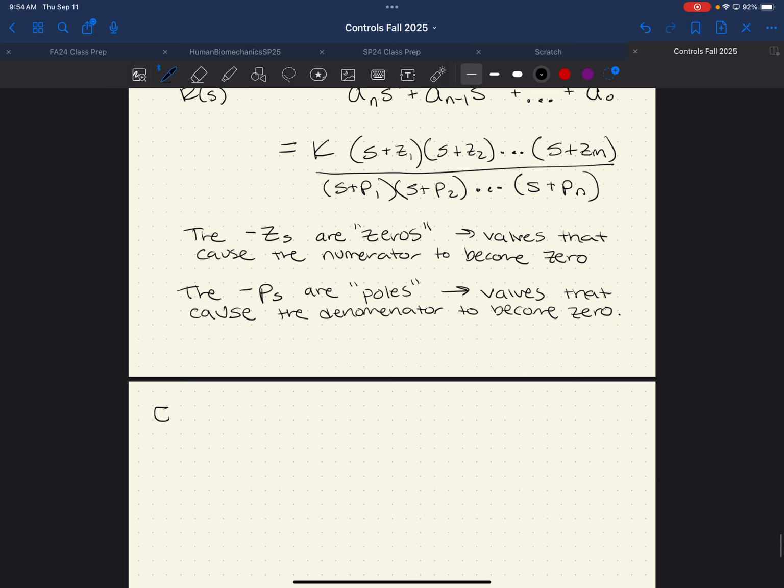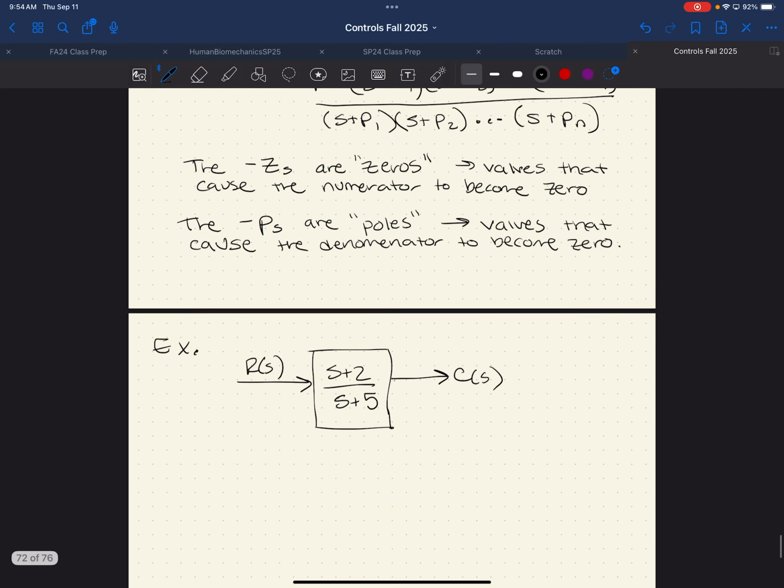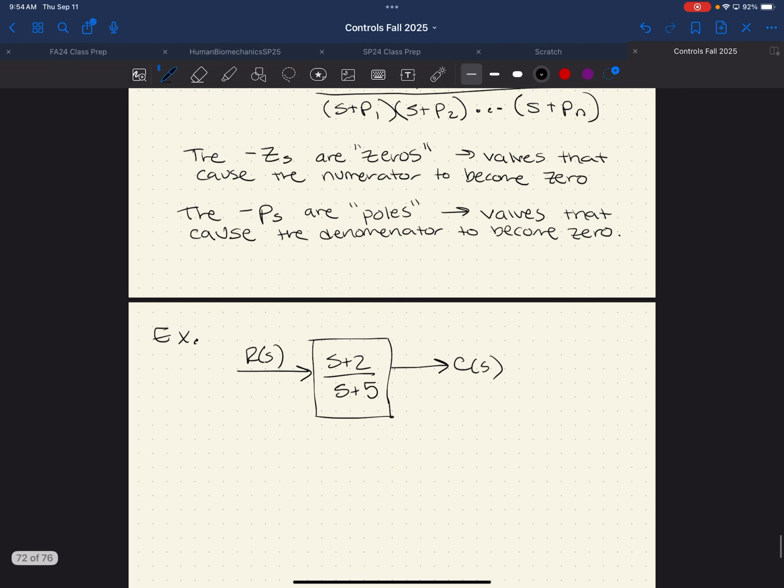All right, let's make this concrete with an example. Let's say I have a system that looks like this. What are my poles?